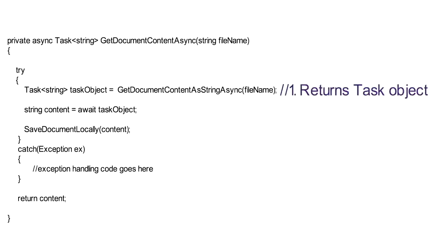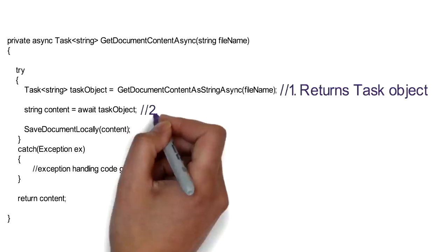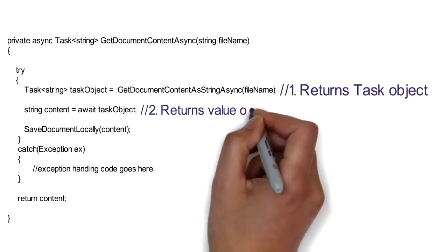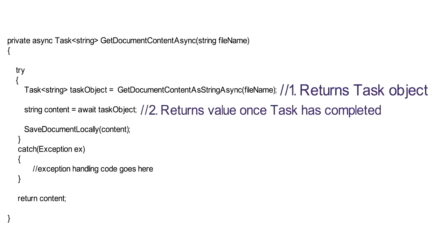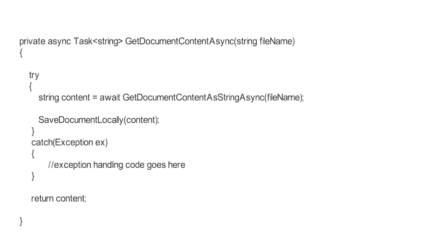This is done without the await operator. We can then call the relevant task object with the await operator later in the code. In this case, the string value will be returned from the task object when the relevant operation completes. In this particular example, we can write what is achieved by 2 lines of code here in 1 line of code like this. So let's put the code back to how we originally had it.